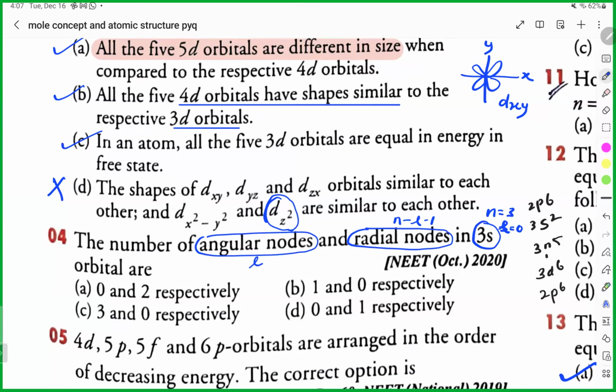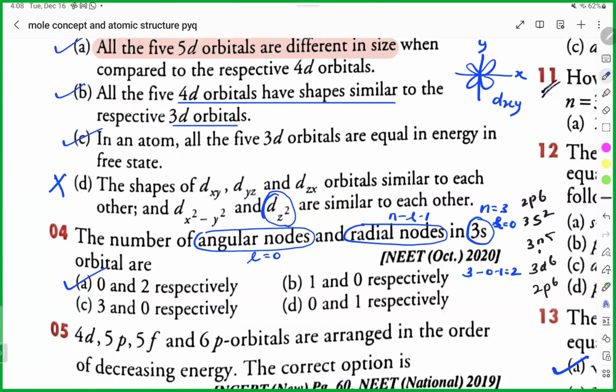Sir, angular node is 0, because l is 0. And what will be the radial node? 2, sir. What will be the total number of nodes? Angular is 0 and radial is 2. Answer is done. Yes or no? Everywhere you will use the same formula: n minus l minus 1 for radial and l for angular.